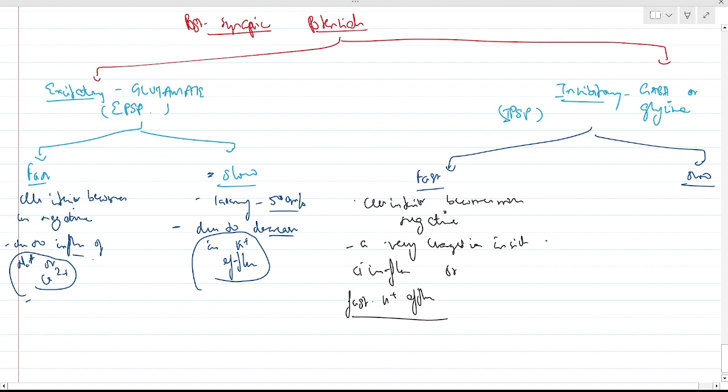Potassium effluxing, we know, leads to the hyperpolarization phase from repolarization. It will be chloride influx or fast potassium efflux.